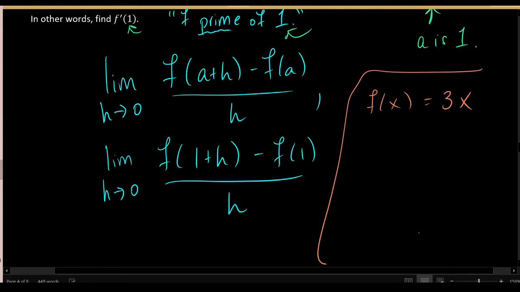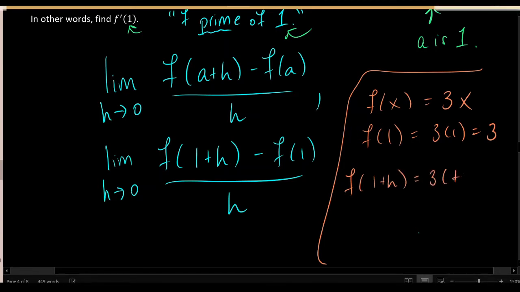So f of x is 3 times x. If I plug 1 into x's position, I get 3 times 1, which is 3. If I plug 1 plus h into x's position, then I get 3 times 1 plus h, which can be simplified to 3 plus 3h.